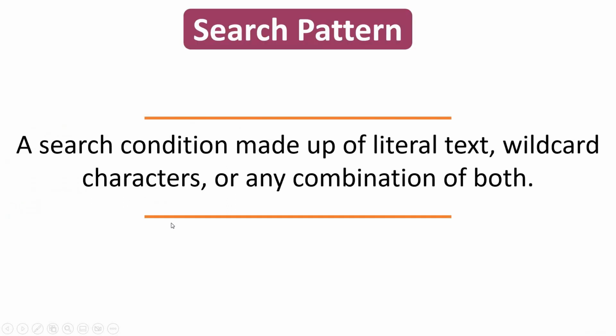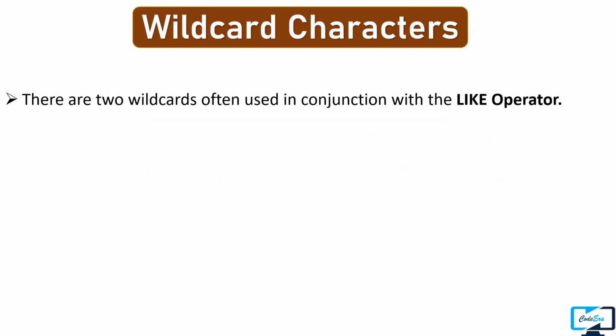The search pattern is a filter condition which is made up of literal text, wildcard characters, or a combination of both. To create a search pattern, first we need to understand wildcard characters. There are two wildcard characters that we often use in conjunction with the like operator.